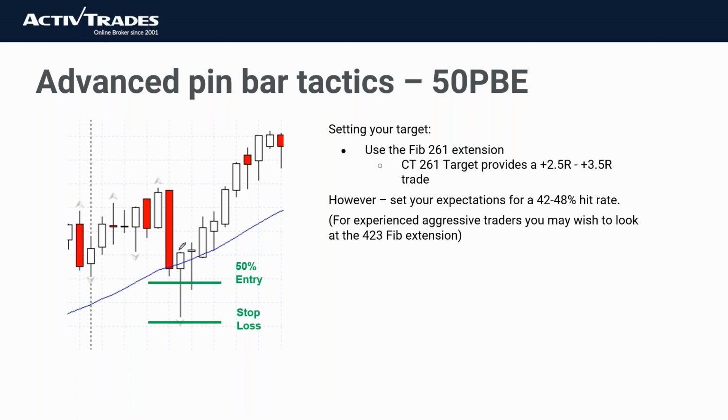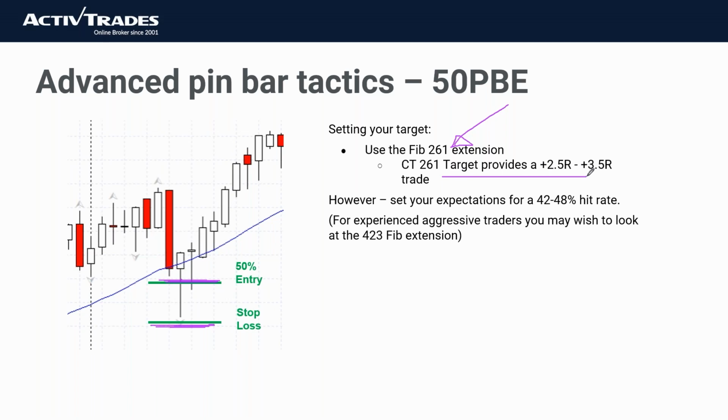Sometimes the trend is so strong that it doesn't pull back 50% before it launches itself off. So there is no perfection, ladies and gentlemen. It is about understanding your own risk profile and having awareness of how you particularly like to trade. But generally, on good trends, I might have an entry deeper into the candle with my stop loss in the same place, and then utilize even just the Fibonacci 261 extension of this range.